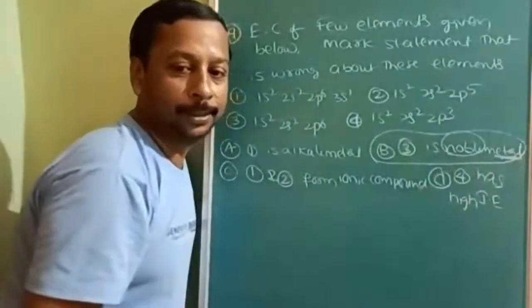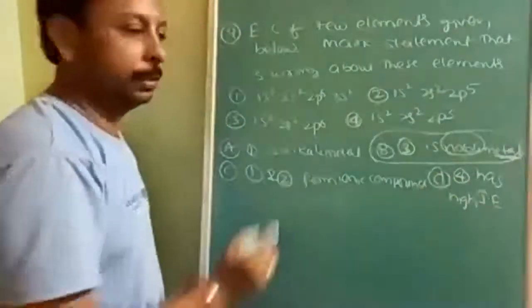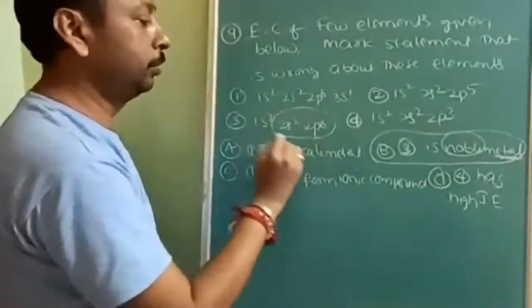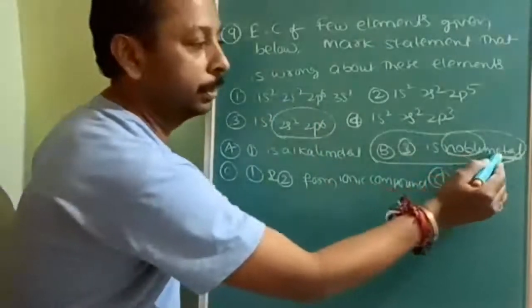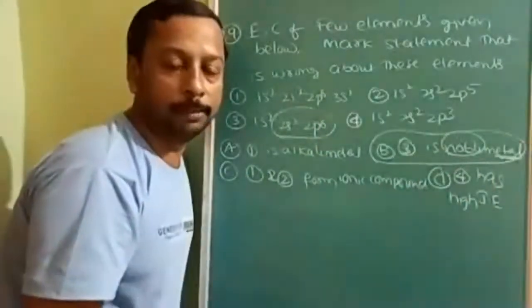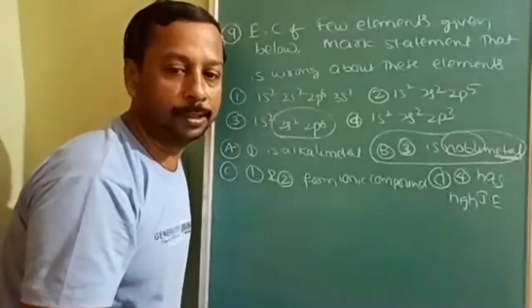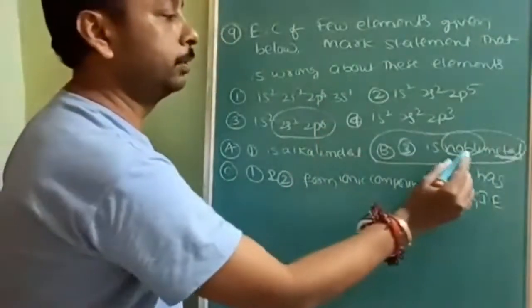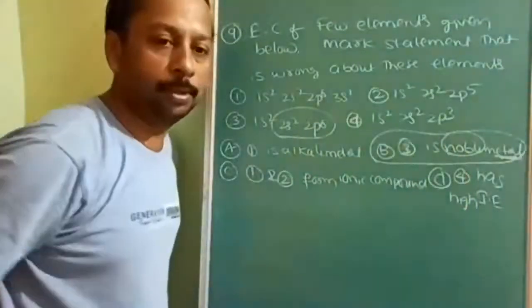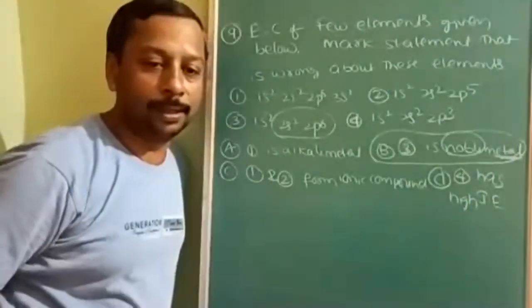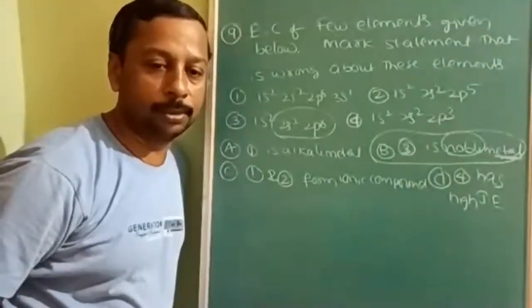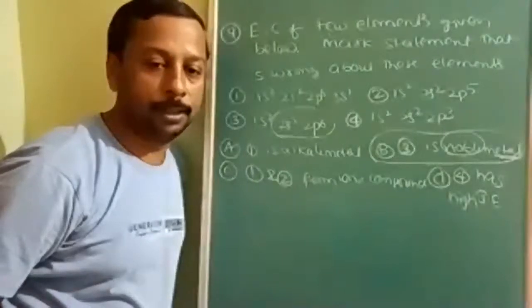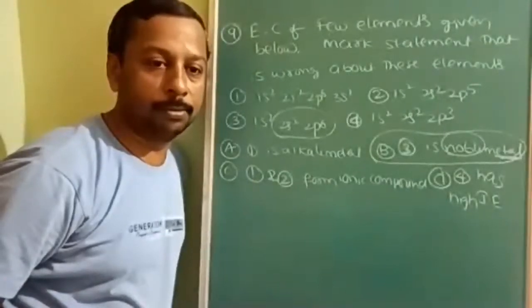Okay, so this is just presence of mind. People will think 2s2 2p6, so noble gas, but here the question is different. So presence of mind is also checked sometimes. So the answer is B. It is incorrect. It is not a noble metal. It is a noble gas or inert gas. Is it understood? So for this question, option B is incorrect. That's why we have to select it.